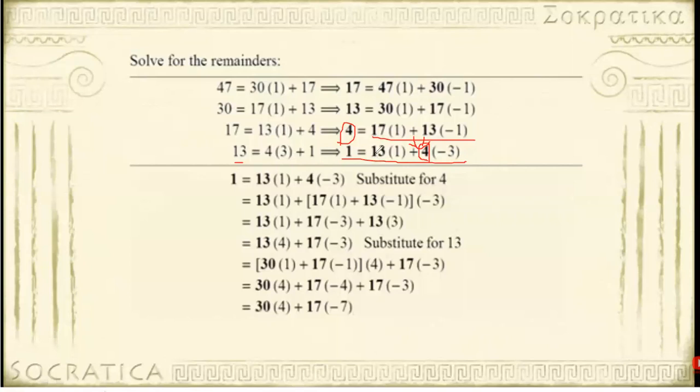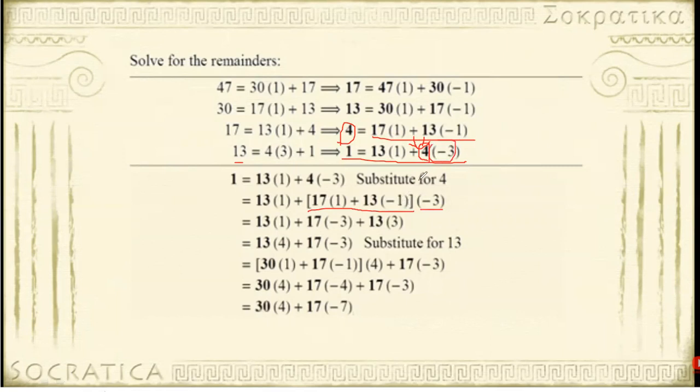Carefully look here at what we are putting and how we are putting this value. So 13 into 1 plus, for the 4, 17 into 1 plus 13 into minus 1. Instead of 4, we have used this equation, and into minus 3. So this minus 3 is here. I hope you could understand these steps.